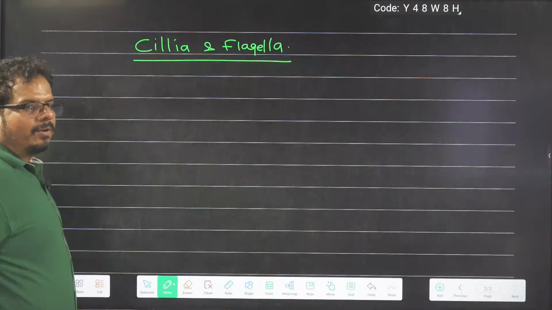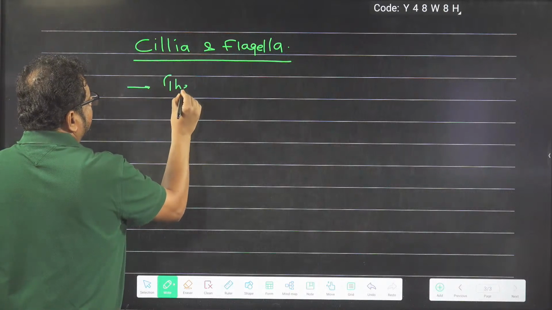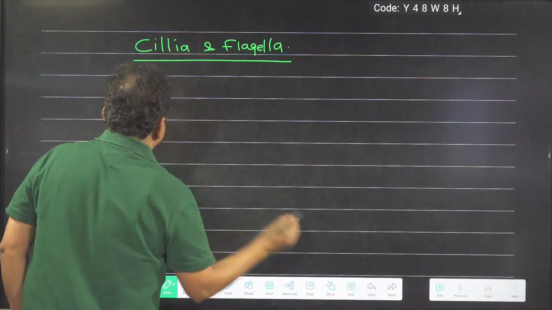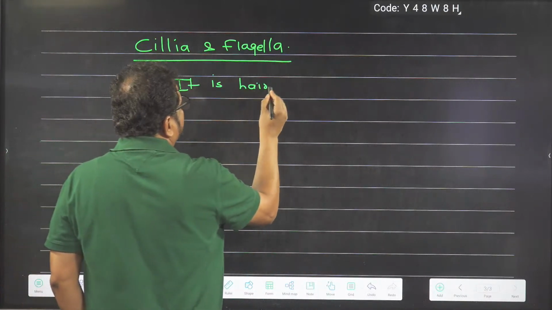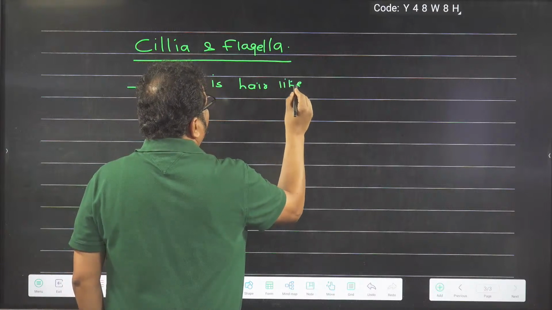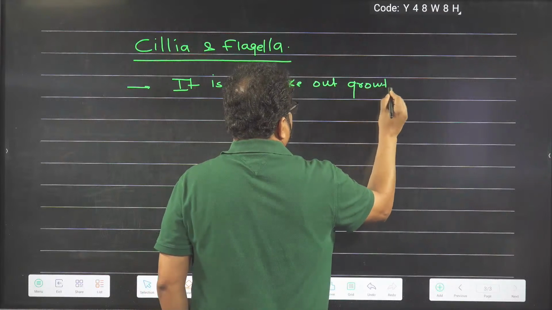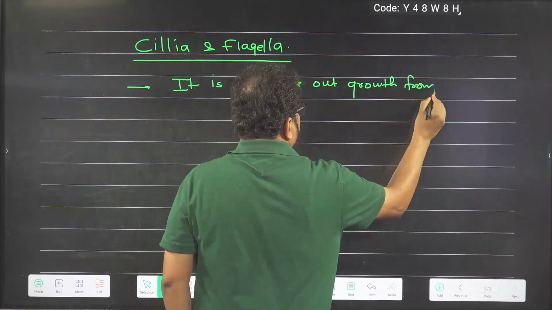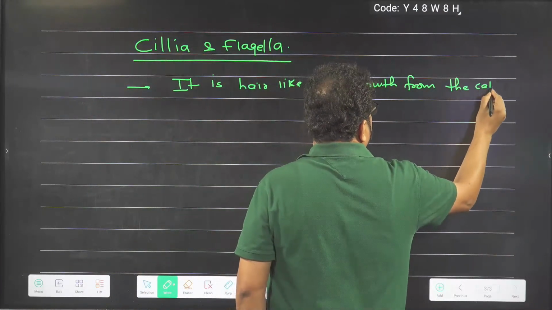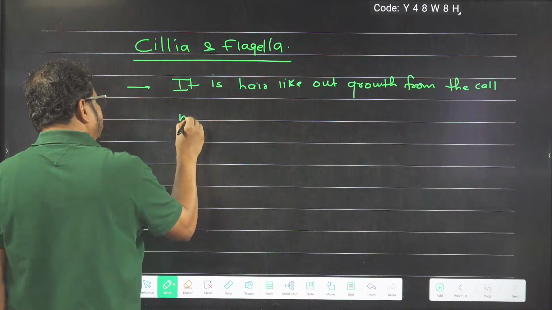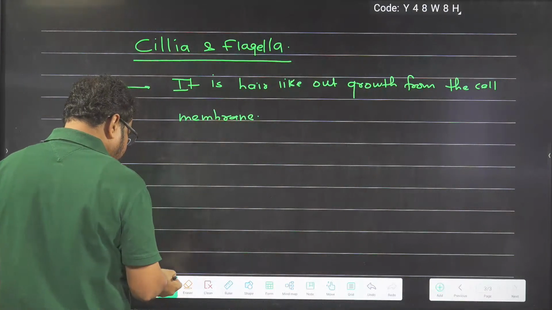So what is cilia and flagella? It is better to write: they are hair-like outgrowths from the cell membrane.